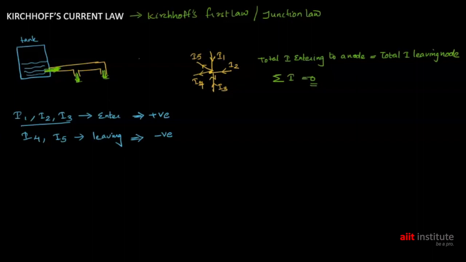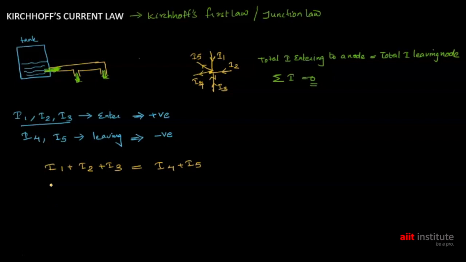So according to KCL, we can write I1 plus I2 plus I3, the total current entering the node, is equal to I4 plus I5, the total current leaving the node.